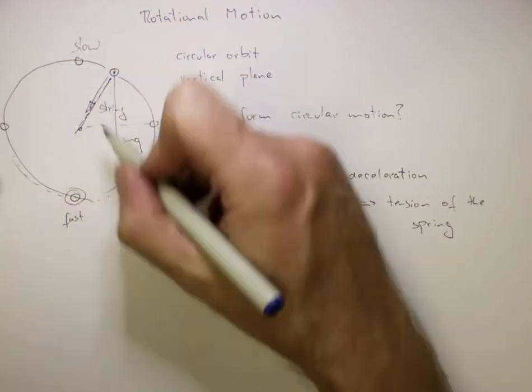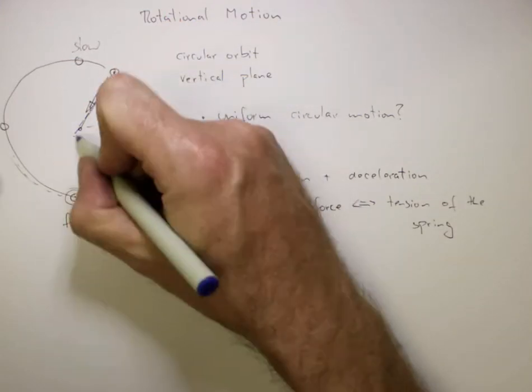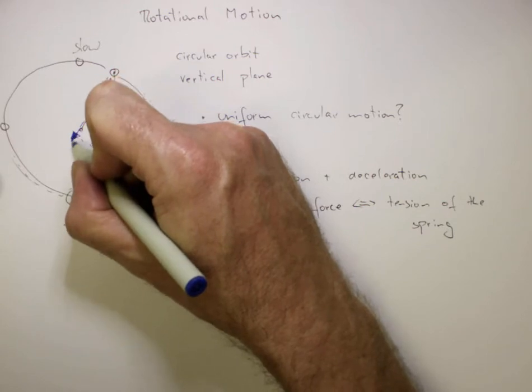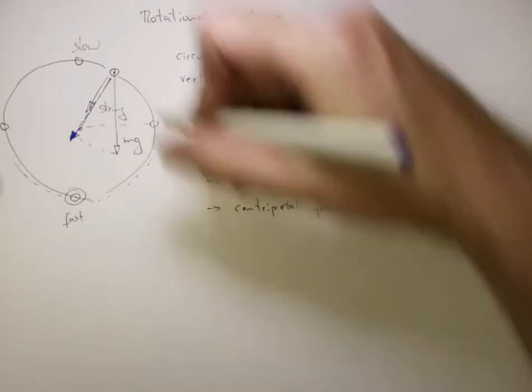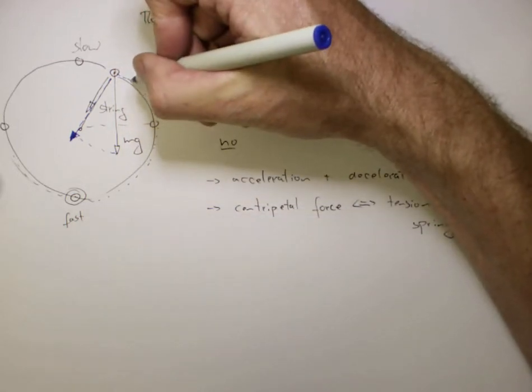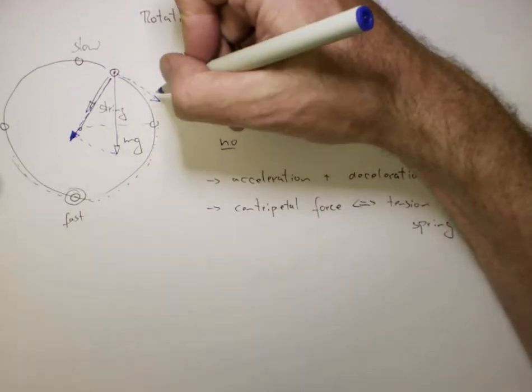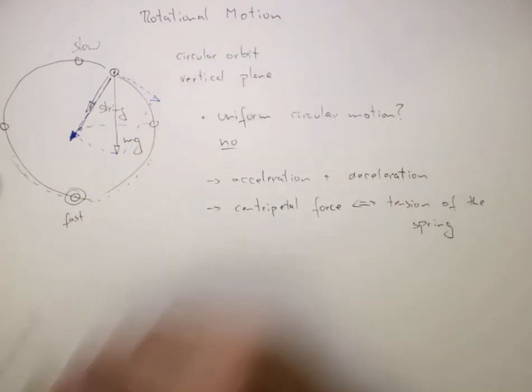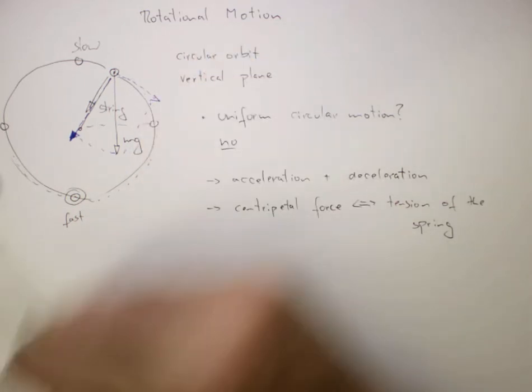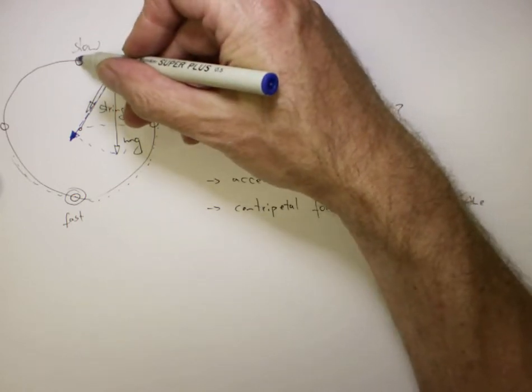So we have a radial component like this of the weight of the gravity force, and we have a tangential component like this which opposes the motion and therefore decelerates the ball, which is on its way to its lowest point up here.